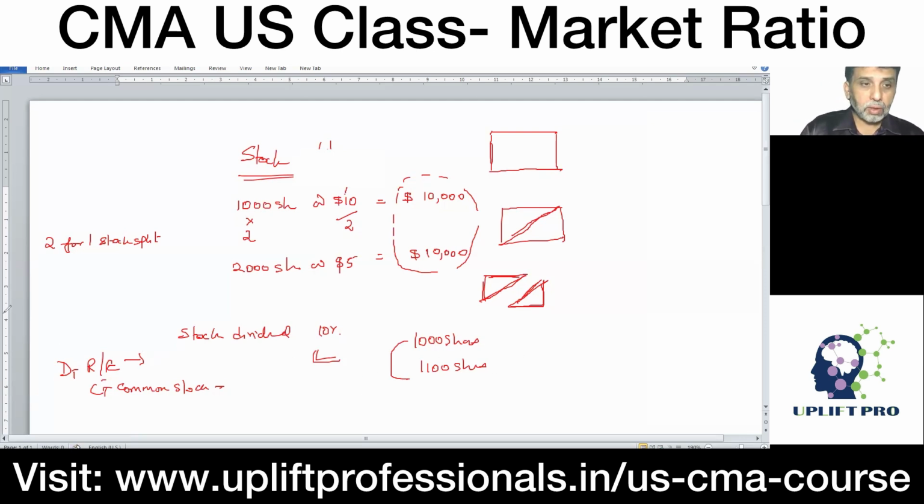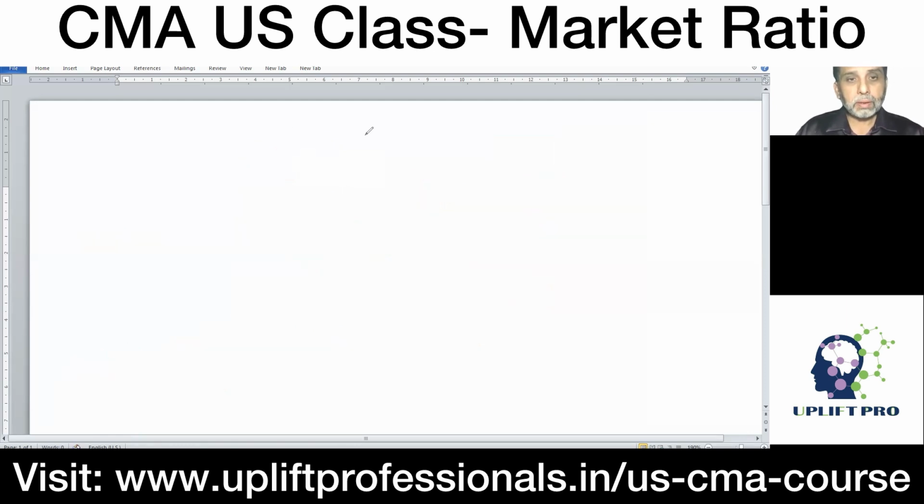Now see this also, retained earnings. I'll show you the stock dividend. Let us say you had common stock, 1,000 shares at $10, so that is $10,000.